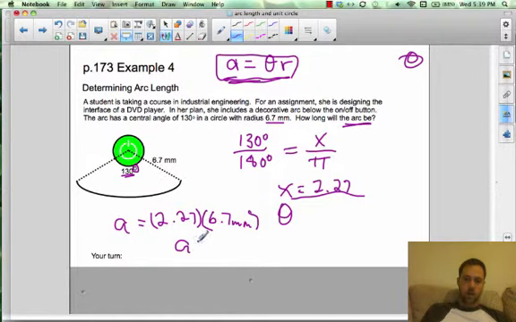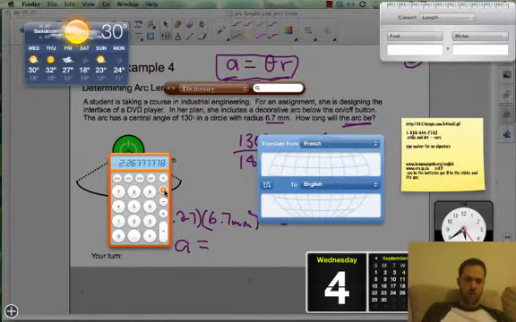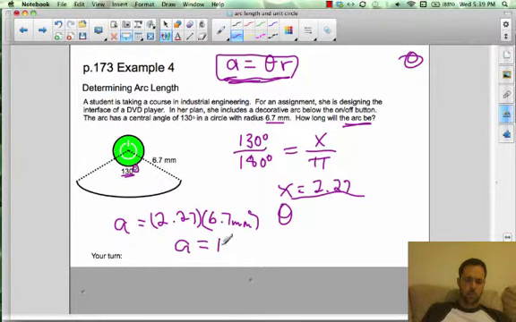We multiply by 6.7, and we get 15.19. And this unit will be in millimeters. Okay, so I hope that was reasonably clear.